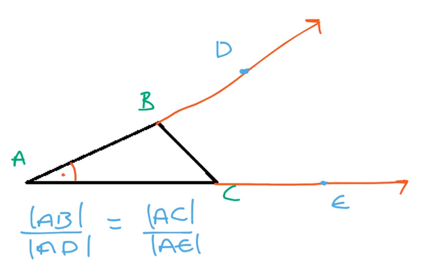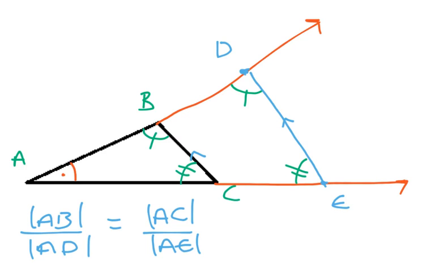Now what we found out from our proportionality theorems is if AB over AD is equal to AC over AE, then the line joining DE must be parallel to BC. Okay? And if that's parallel to BC, then again we've got equal angles here.